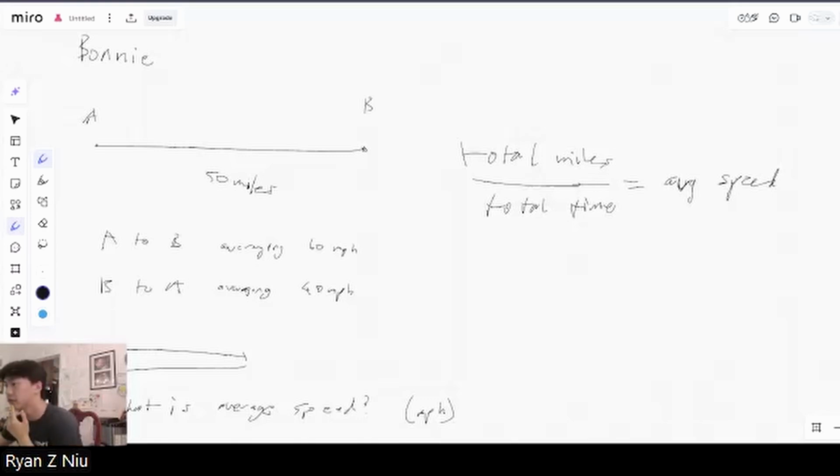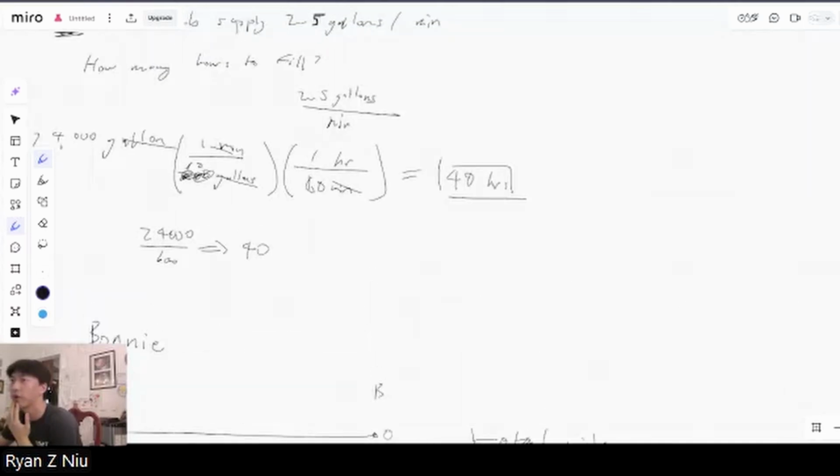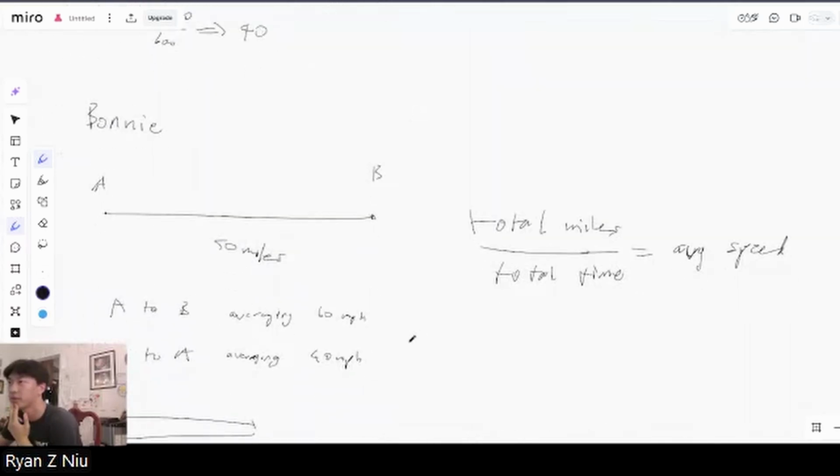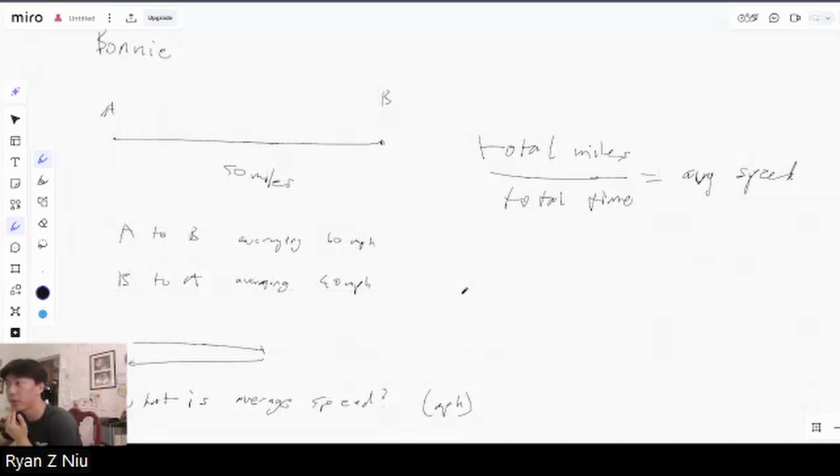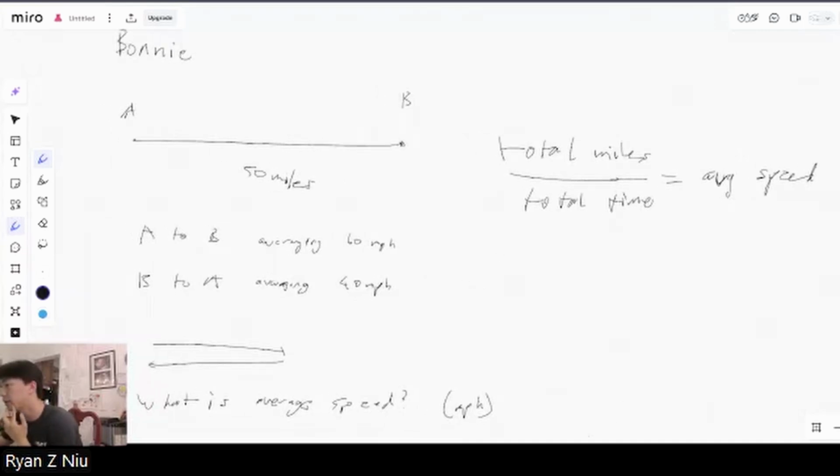So this problem is definitely a lot more difficult just because it's an actual rate problem, right? This problem was just unit conversions. This is a little bit more applied, so I'll give you guys a few minutes to think about this one. And same as always, just DM me if you think you have an answer.